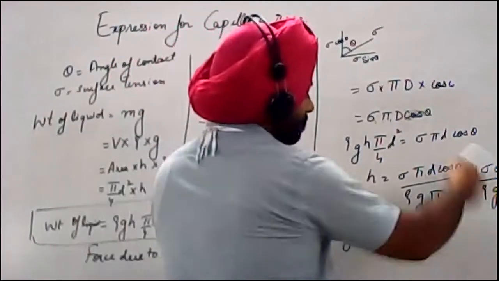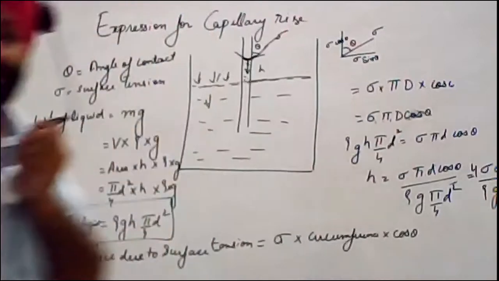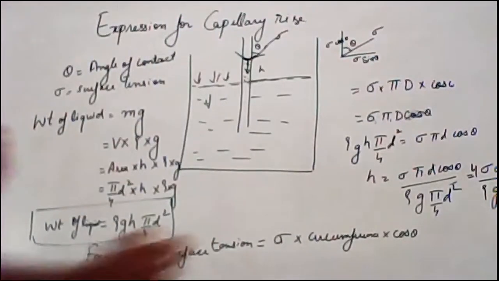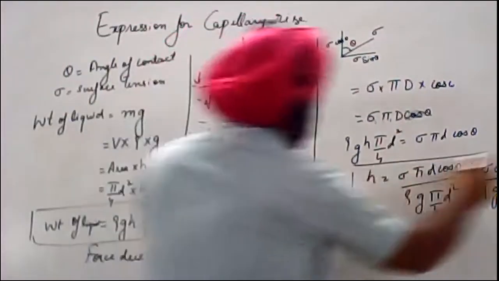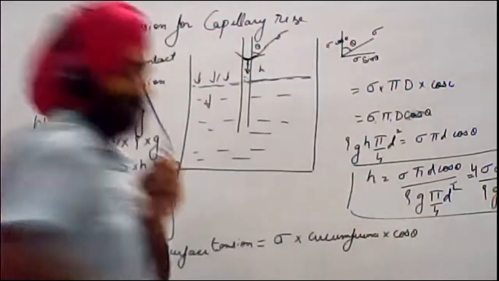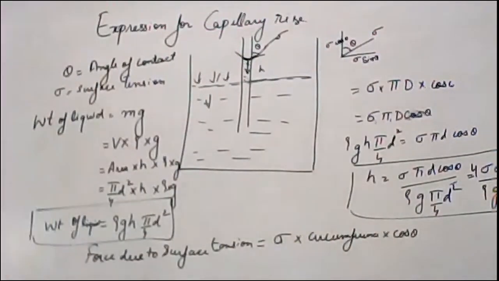As this 4 is in the denominator, it will move to the numerator of the equation. So this is the equation of the rise of liquid in a capillary tube. If you have any questions, everything is on your screen. You can ask me.